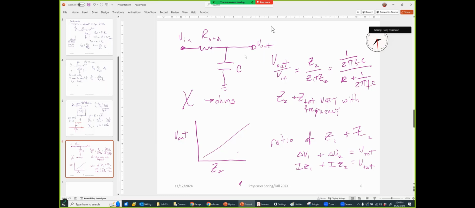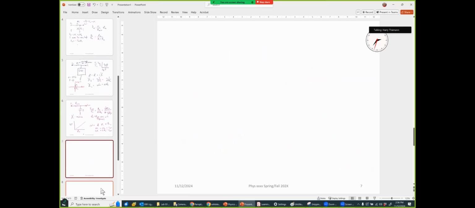Now, you might also notice that for a capacitor, if I plot frequency and its reactance, which in this case is going to be Z2, remember it's 1 over 2 pi FC.